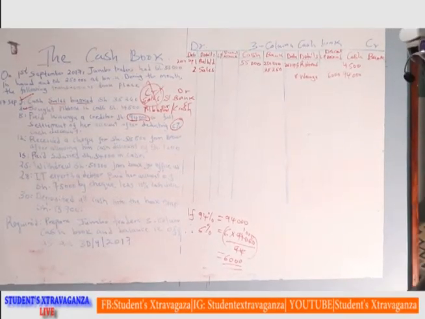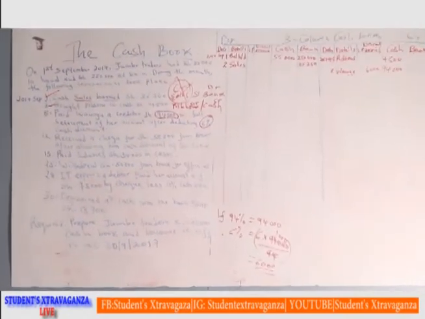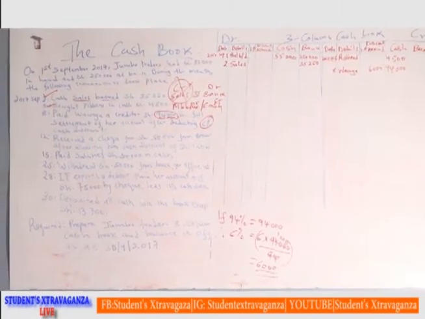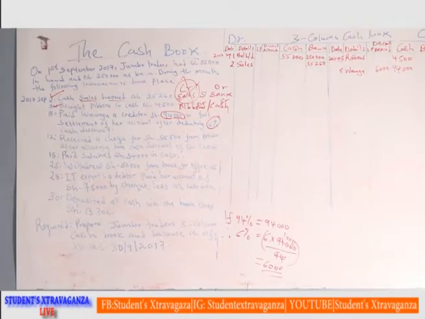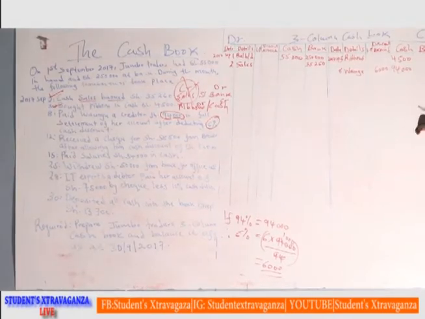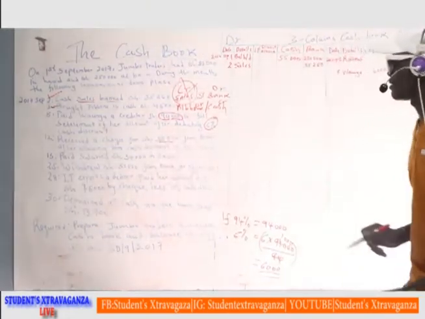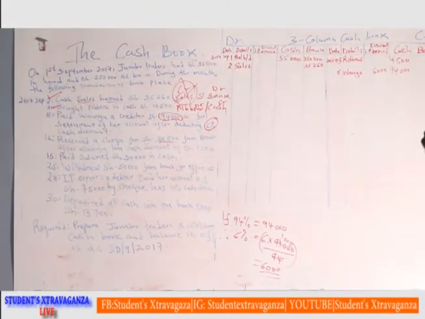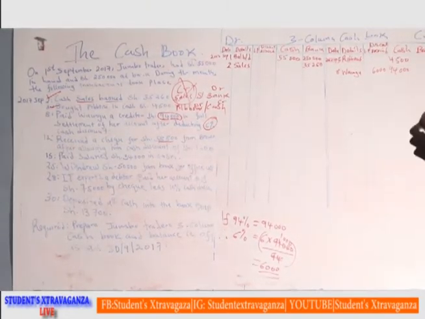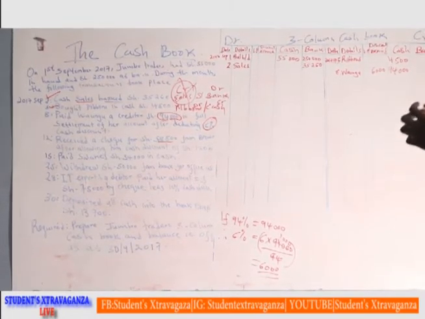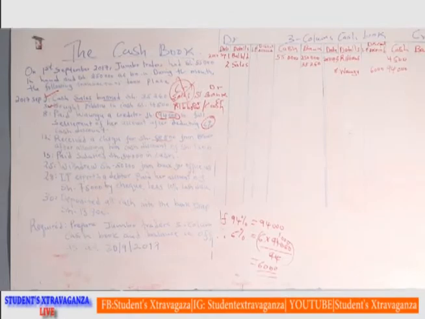On 12th, received a cheque for 58,800. Understand the meaning of that. When we say 58,800, this is not the amount that was paid. That one is the amount that he was to receive from Brown, but he allowed a cash discount of 1,200.